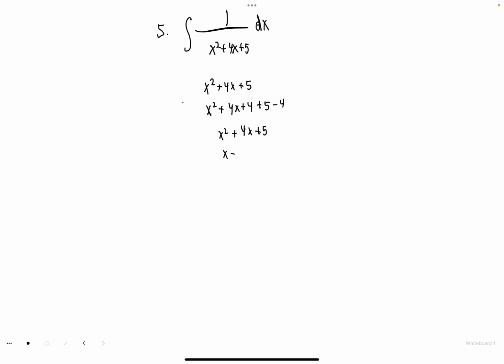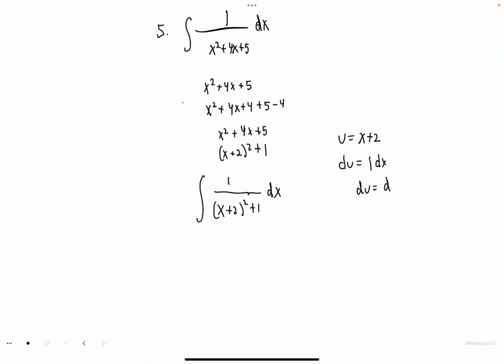You can complete the square by doing x plus 2 squared plus 1. So when you plug this back in, when you have 1 over x plus 2 squared plus 1 dx, you now have to do u-substitution. So u is equal to x plus 2, and then du is going to be 1 dx, so basically du is equal to dx.